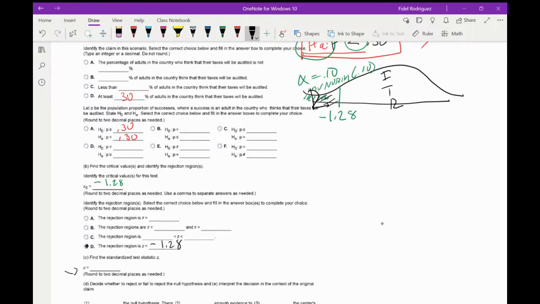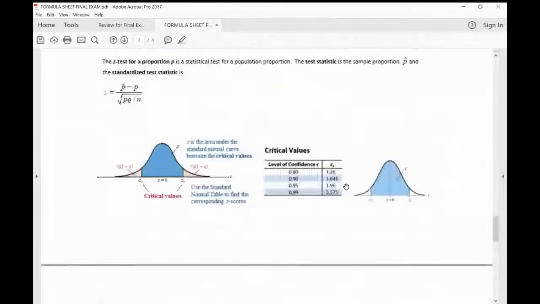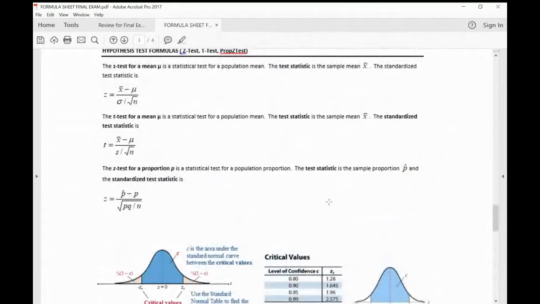Now we're going to go ahead and find our Z value. So guys, I'm going to stop sharing this and pull up my formula sheet because I want y'all to be able to see how I'm going to find my Z value. Let me get my formula sheet for you all. Here we go. I think you guys can see my formula sheet. I believe this is it right here.